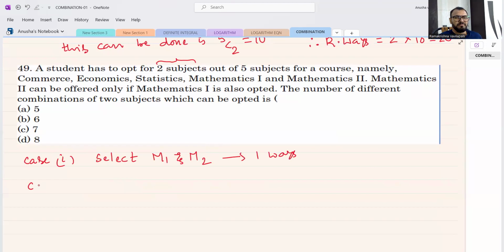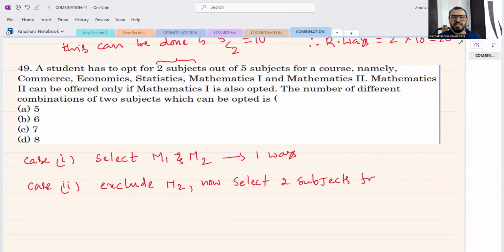Case 2: exclude maths 2. Remove the maths 2 subject. Now select two subjects from the remaining 4 subjects.